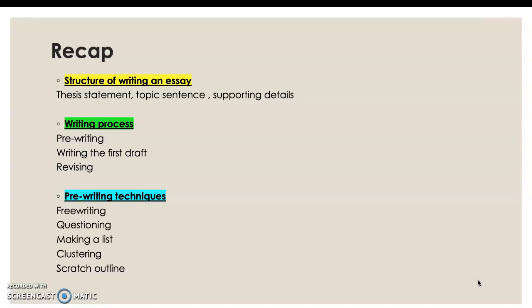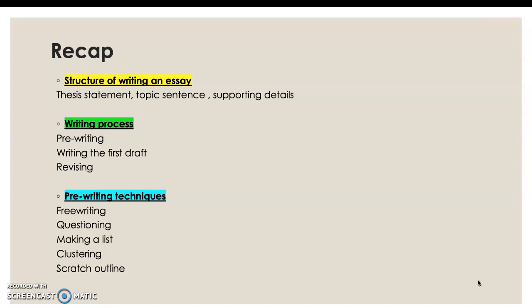We have actually looked at the structure of writing an essay. We looked at thesis statement, topic sentences, and supporting details. And we also looked at the writing process, the pre-writing techniques, all right, whereby we have pre-writing, questioning, making a list, clustering, and scratch outline. And I remember asking you to focus on clustering.